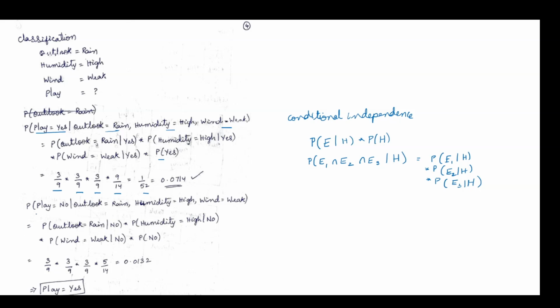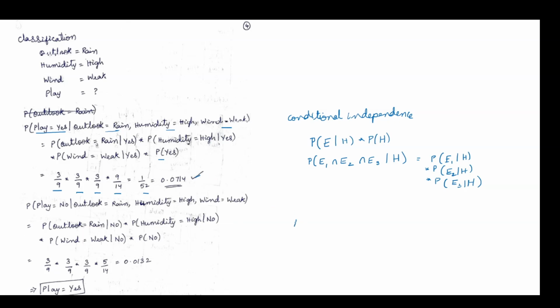Similarly, we calculate the other P of Hi given E, and it evaluates to 0.0132. Out of the two possibilities, we have P of yes given the evidence returning a higher value.